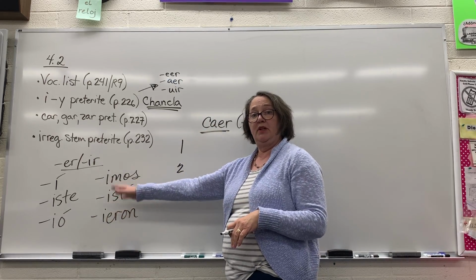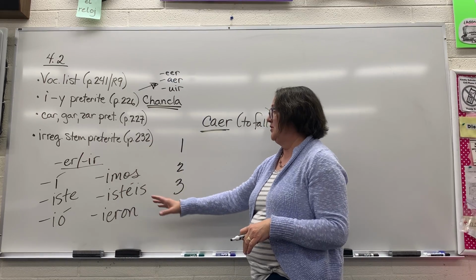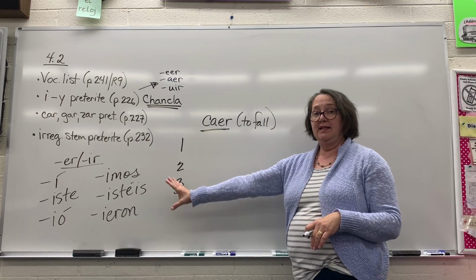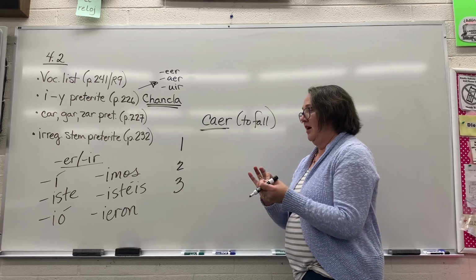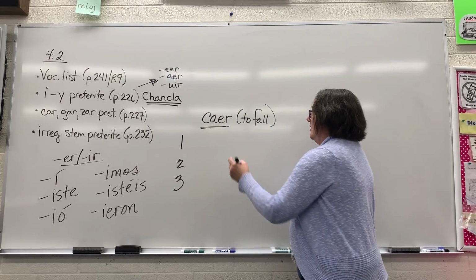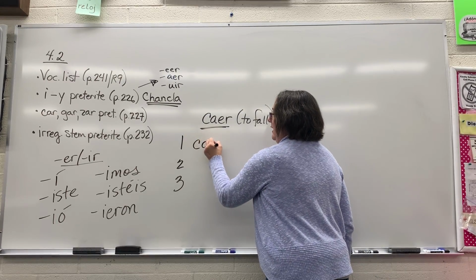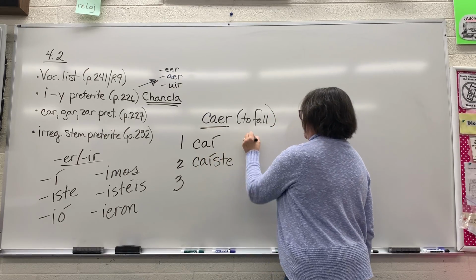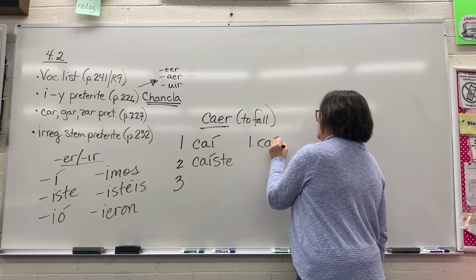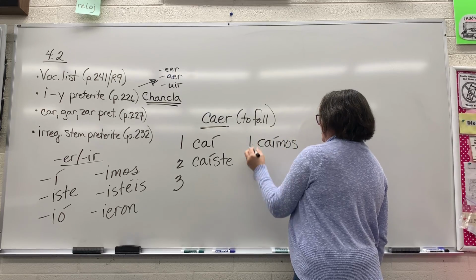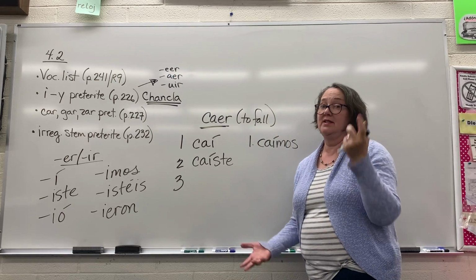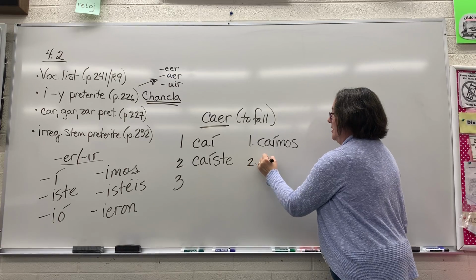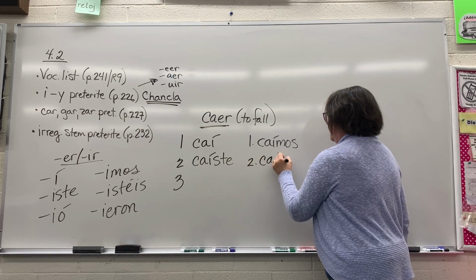Our little song, remember, iste, ió, imos, ieron. So those are the endings that we're going to be using, but we are going to have a slight spelling change. So let's try caer. We go caí, caíste, caímos. And by the way, we add extra accents on these I's just to emphasize them. Caísteis.